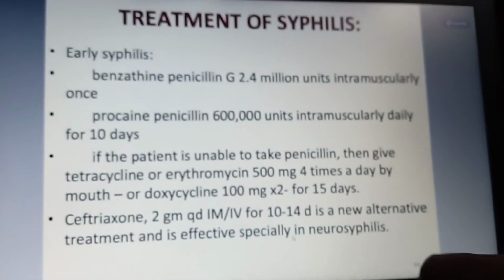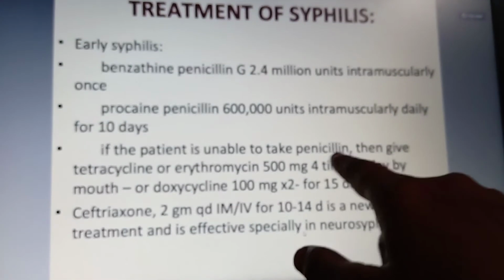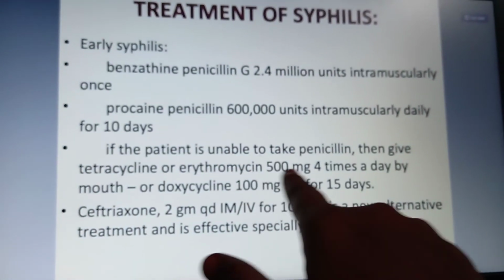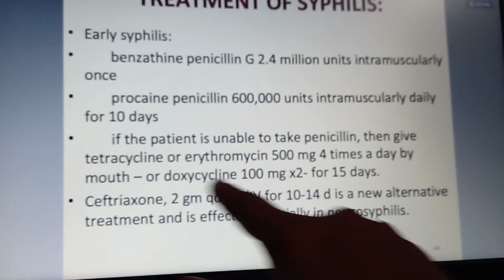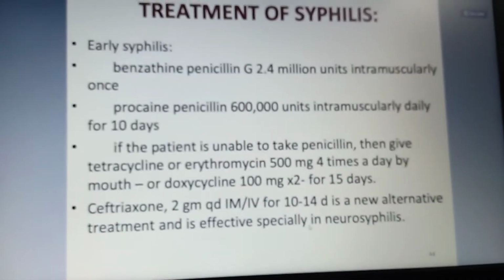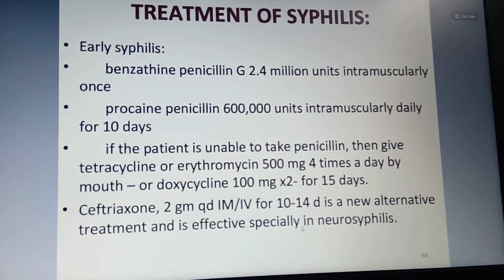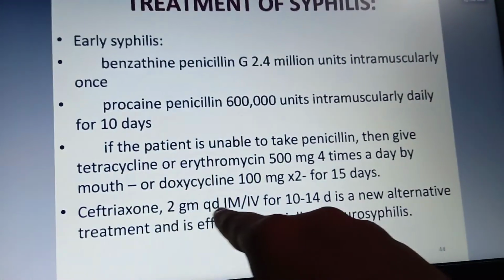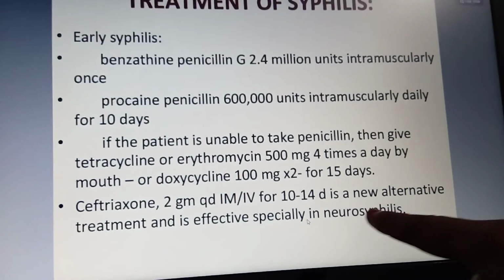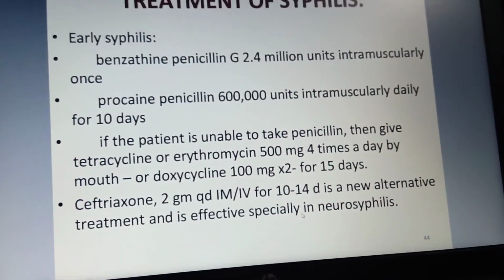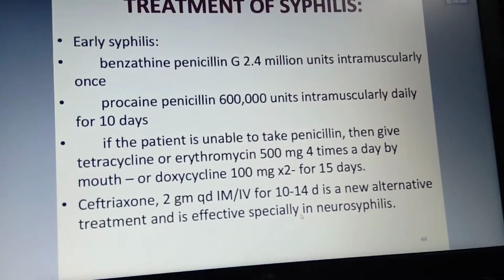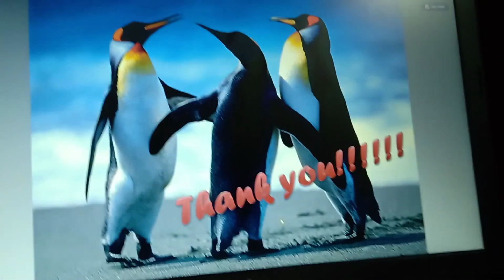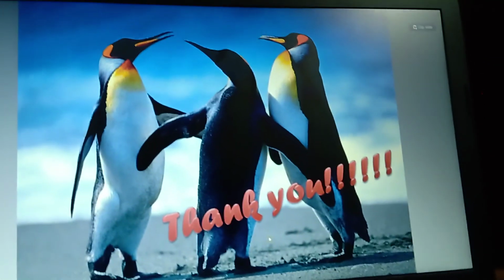If the patient is unable to take penicillin, you give a combination with tetracycline or erythromycin for 4 days, or doxycycline by mouth 100 mg twice daily for 15 days, or ceftriaxone IM or IV, 10 to 14 doses, as a new alternative treatment, given day by day. So that is regarding Treponema pallidum. Thank you.